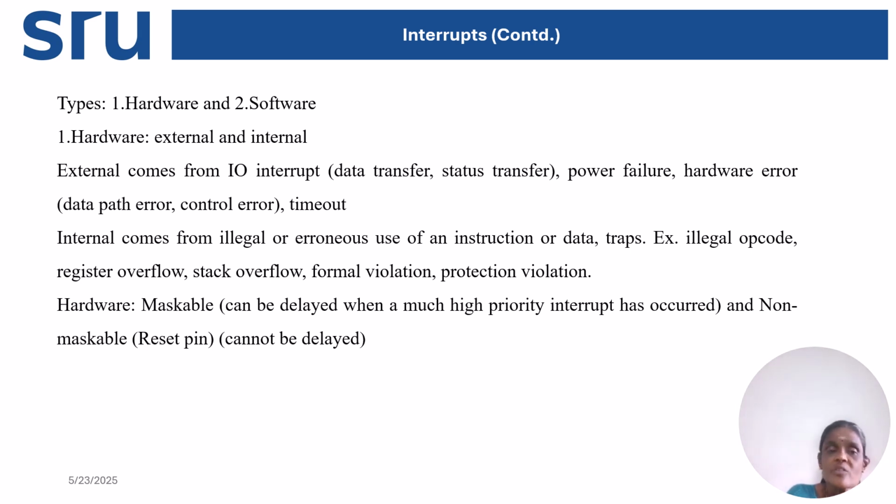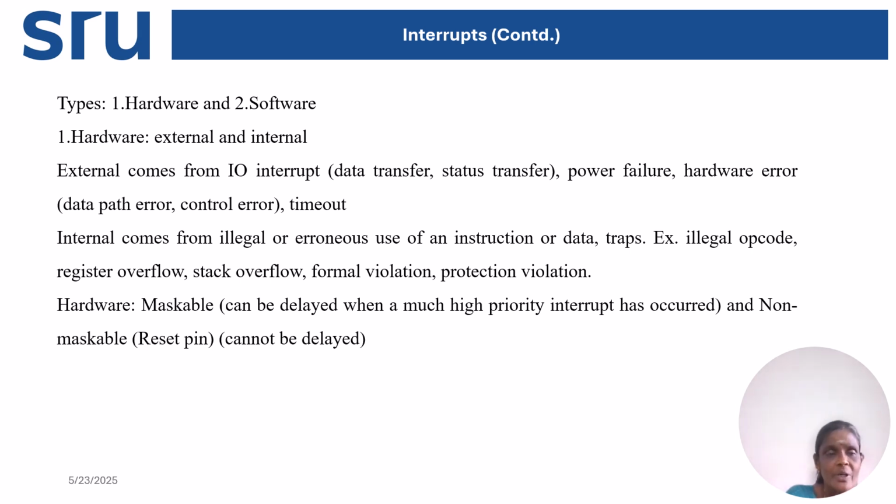And register overflow, where it is unable to store all the data which have been given. And then stack overflow. Formal violation means it should not have been done, but it is performed, or not performed. Violation of the rules is a formal violation. And then protection violation. For example, power failure is a protection violation.